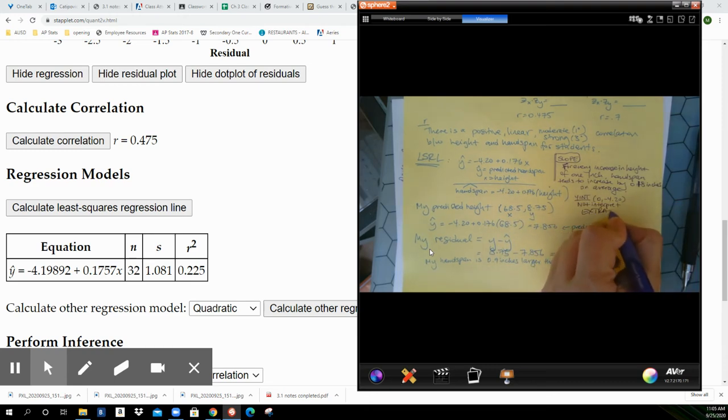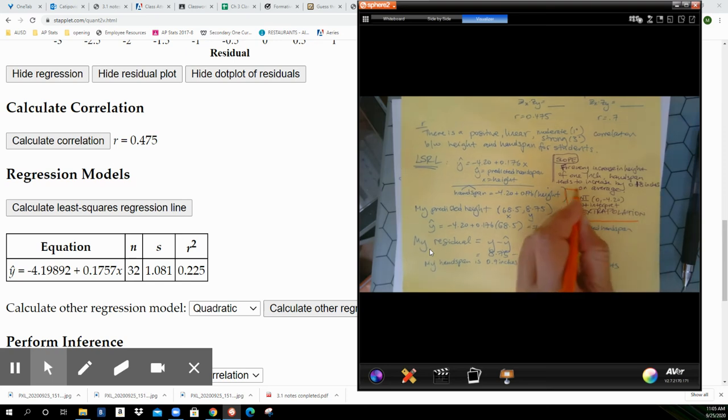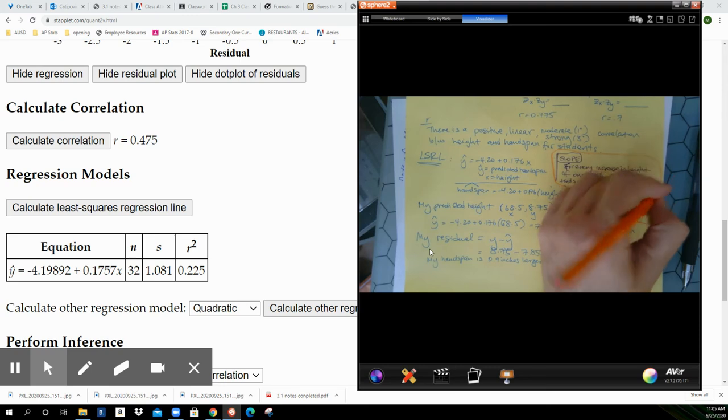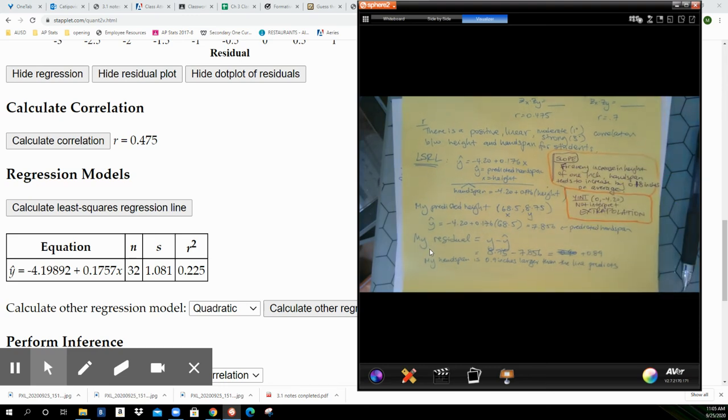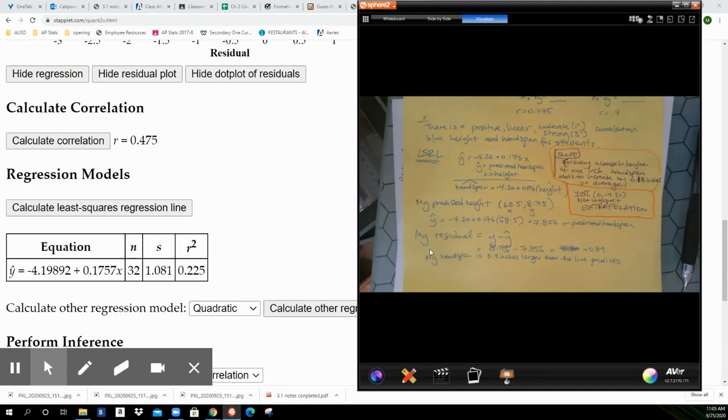We're assuming that the pattern that we see for people from 60 to 75 inches tall is true for 0 inches tall people, and that's just not how it works. I'm going to avoid extrapolation. You do not assume that the pattern continues forever in both directions. It probably changes soon after the edge of your graph. So that's our interpretation of slope, and we are not interpreting the y-intercept. All right, that's where we're at.